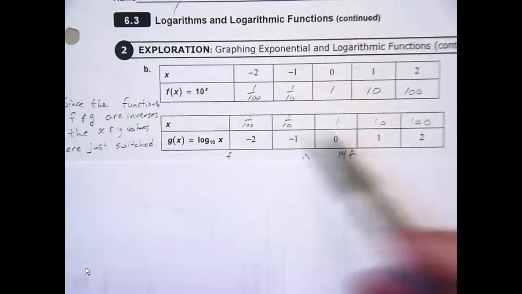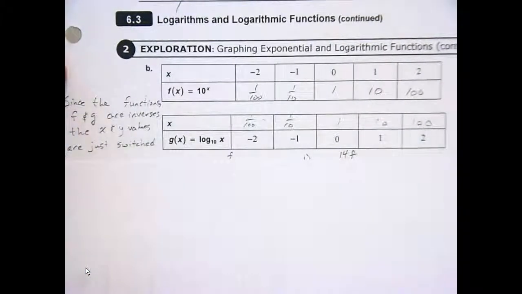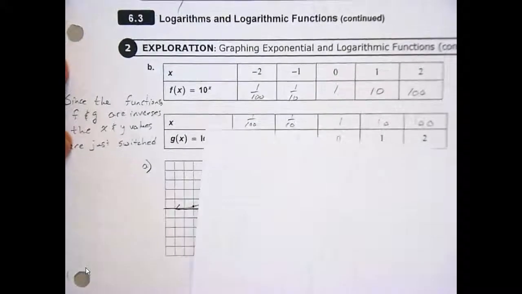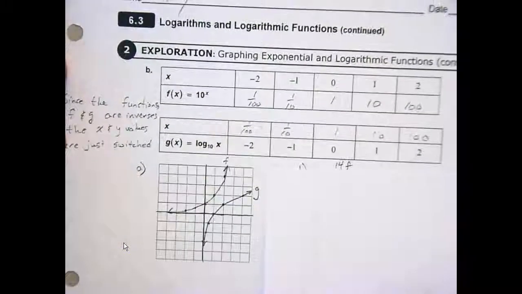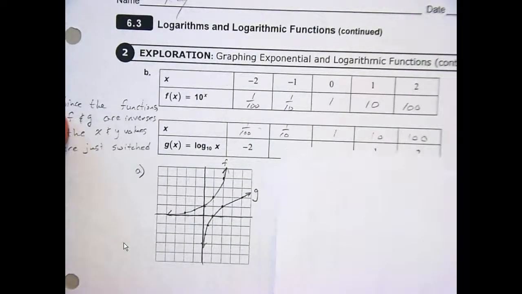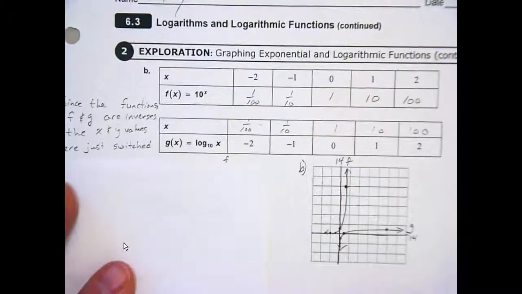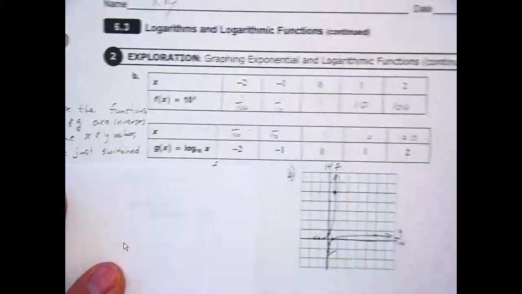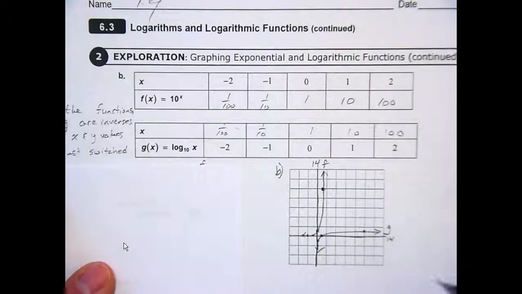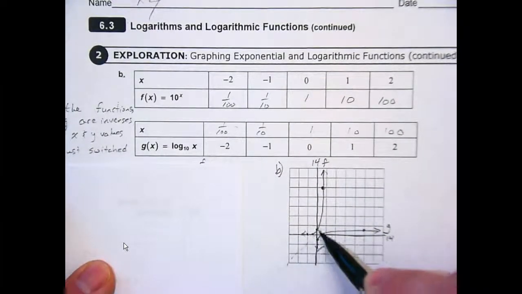Since the functions are inverses, they just switch values. So if I am graphing A, okay, got them both right there. That was the first set. And there is B. This would be the graph of this table. The first graph I showed you was from our previous table there. But remember, it's a reflection over y equals x.